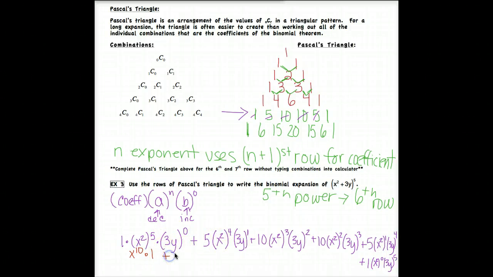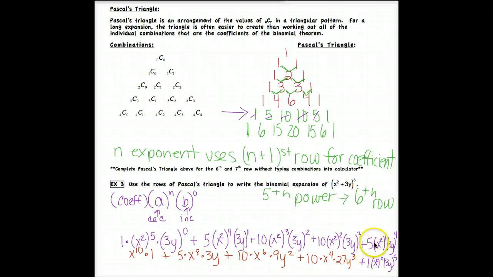Over here, I've got 5 times x to the 8th times 3y. Over here, 10 times x to the 6th times 9y squared. This one, 10 times x to the 4th times 3 cubed is 27, so 27y cubed.